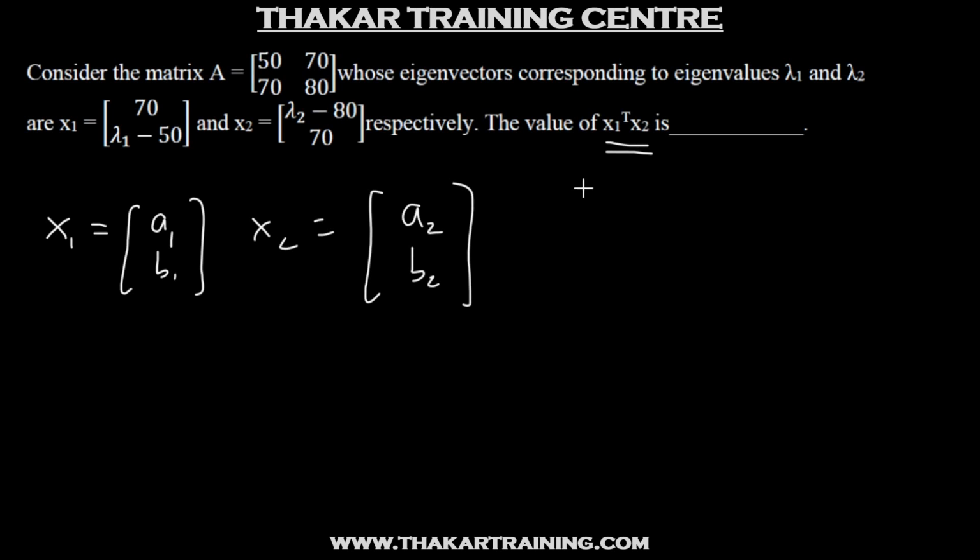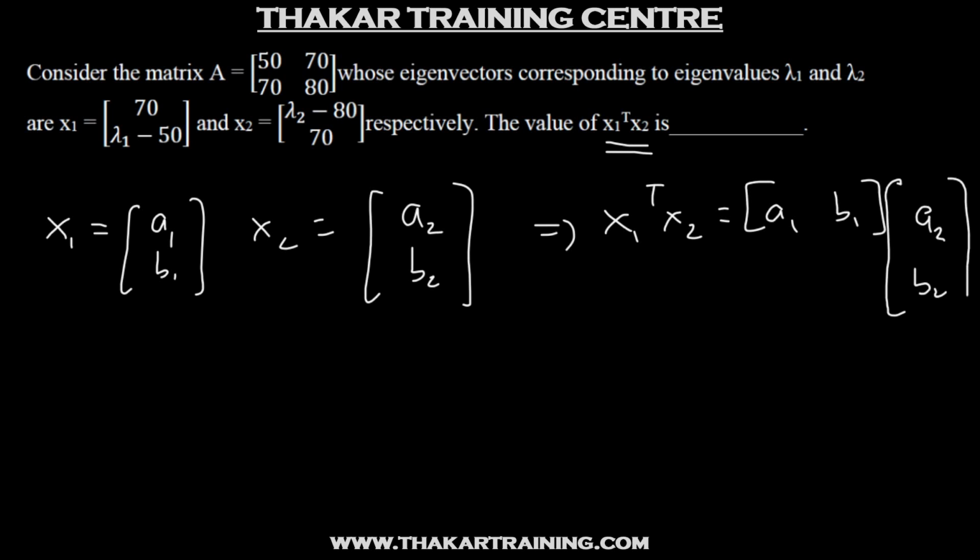Now what does this calculation tell us? When you say x1 transpose x2, this is nothing but the transpose of x1, that will be a1, b1, and this is a2, b2 as it is. So this becomes a1 a2 plus b1 b2. So this is like the dot product of two vectors, right?